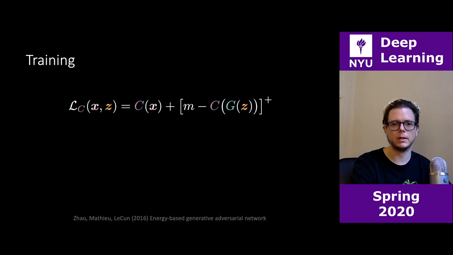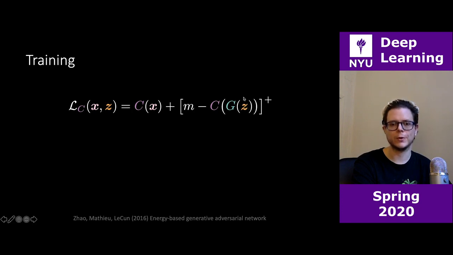It can be equal to my cost C given my pink input X, plus this part here, which is the positive part of a margin M minus the cost I'm going to give to a generated input, which is outputted by my generator, which is fed with a latent input, a random number.